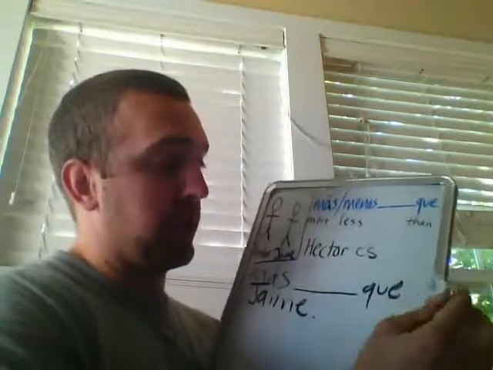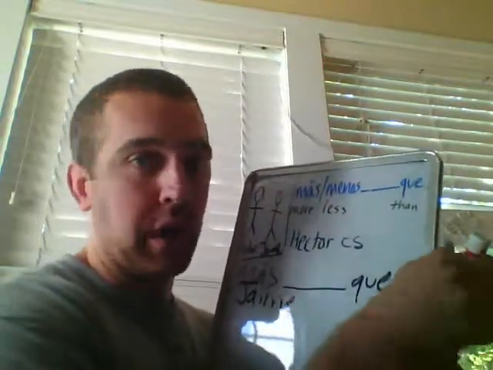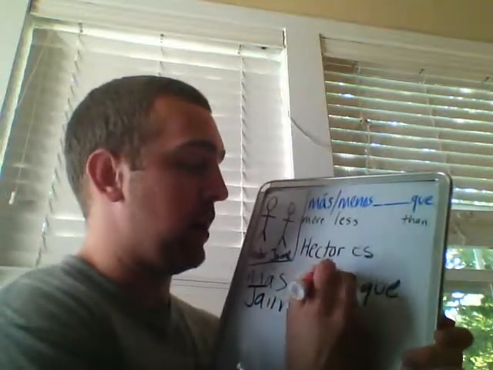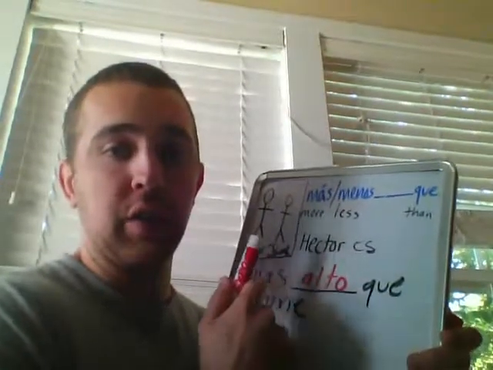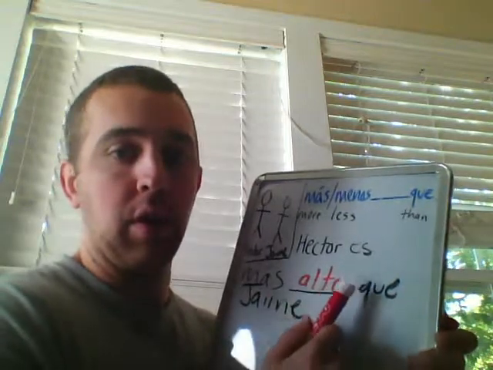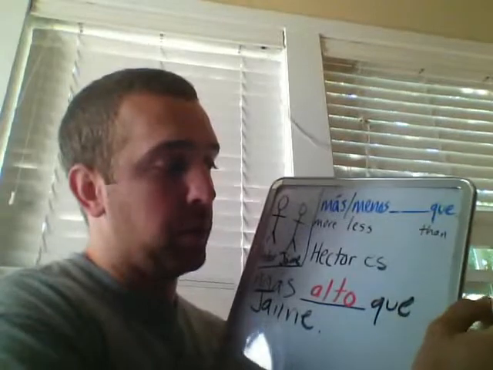And because Hector is a dude, we're going to keep it as alto. We're not going to change it to alta. We're going to keep it as alto. So A-L-T-O. So what we have, Hector is, oh my hand, more tall than Jaime. He's taller. And that's just one example with how this can work.